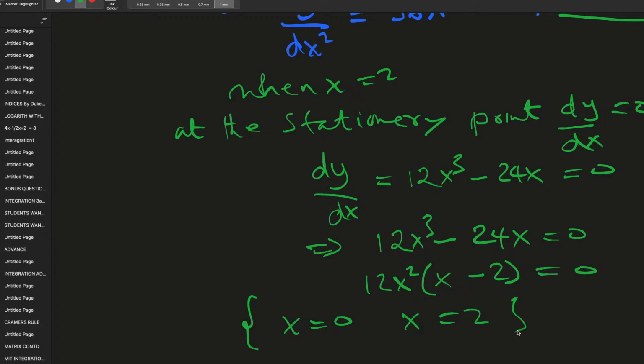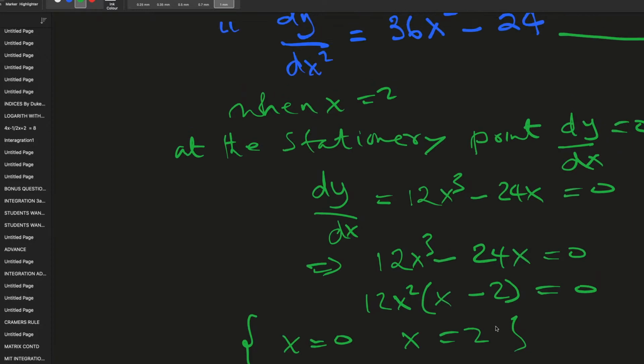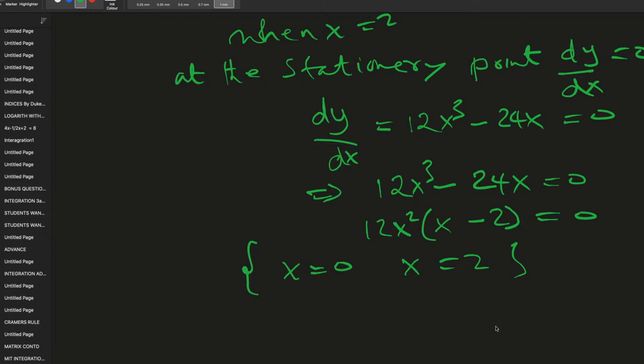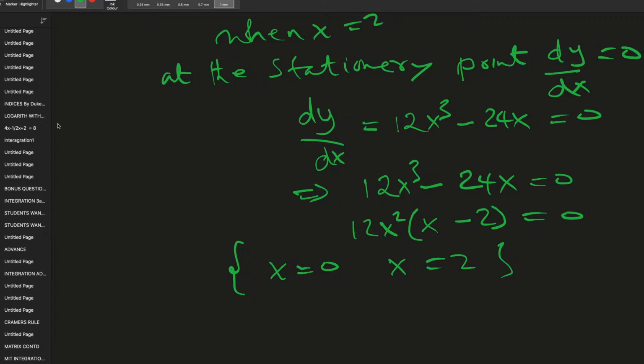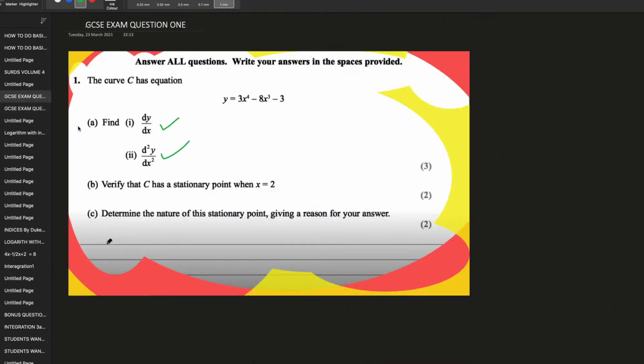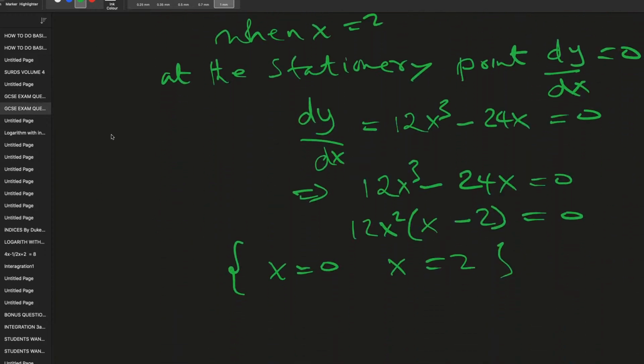satisfies the equation. That means, as the question was asking, verify the curve has a stationary point when x equals 2. Yes. So this means x equals 2.